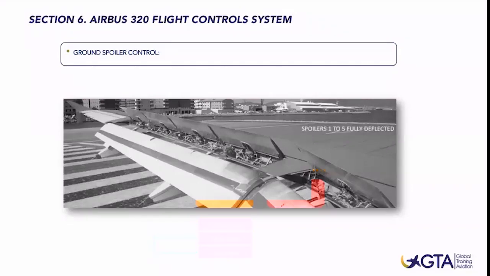Additionally, depending on the failures we get, we'll talk about normal law, alternate law, direct law, and also mechanical backup and abnormal attitude law, which are two other flight laws, depending on how much degradation we get due to failures or malfunctions on the A320 in flight.